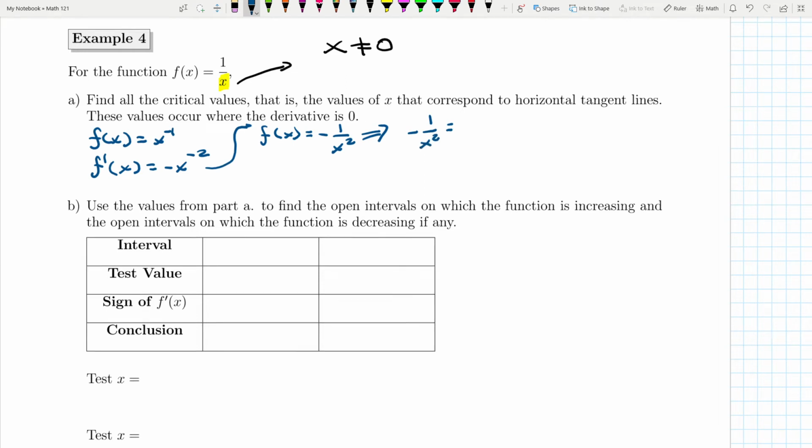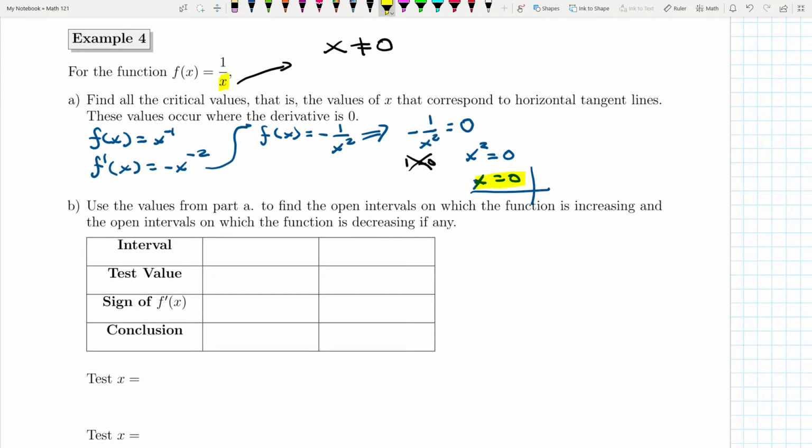So now in this case, we have a rational expression being set to 0. On the one hand, we need to find the values where either the numerator, 1, equals 0, which is weird, there's nothing that we can do about it, or where x squared equals 0. That is, again, x equals 0 will be our critical value.